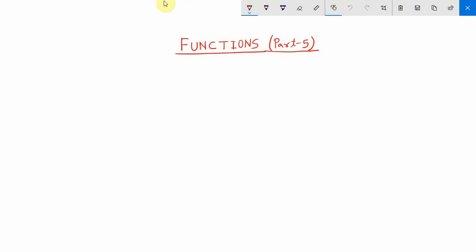Okay friends, coming back to our topic of discussion, which is functions. This is the fifth lecture of functions. Till now, we have covered what is a function, function as a relation, function as correspondence. Then we have seen what is domain, codomain, and range of a function.